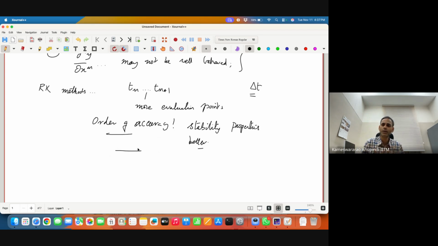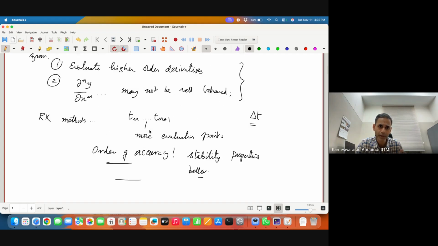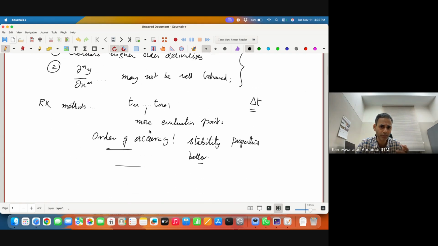So we're going to see the RK methods by constructing a second order method, globally second order method, that is RK2. Later on, we're going to simply say that another method, that is RK4, exists, which is fourth order accurate globally, by understanding this particular derivation for RK2.